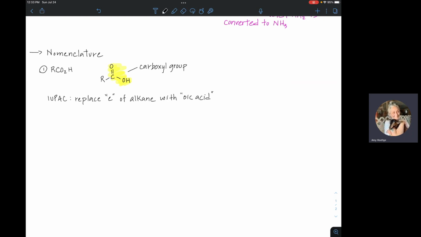Like if you had ethane, if it was a carboxylic acid, you would have ethanoic acid. You're going to use numbers for any substituents.